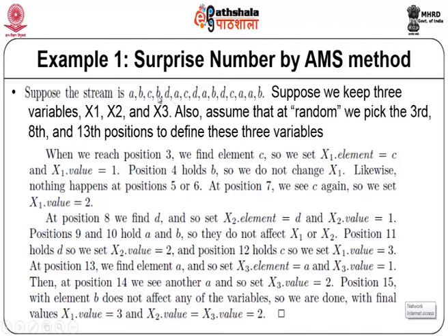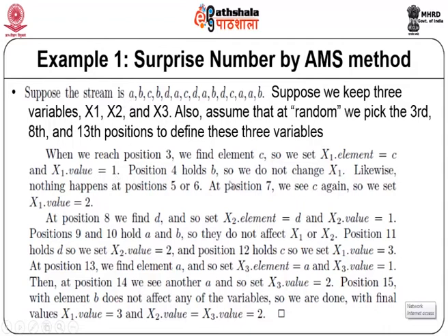Now, when you reach the 3rd position, the element that you encounter is c. So, therefore, we set x1 dot element equal to c, and x1 dot value is equal to 1 because the element c has been encountered only once. So, its value is 1.